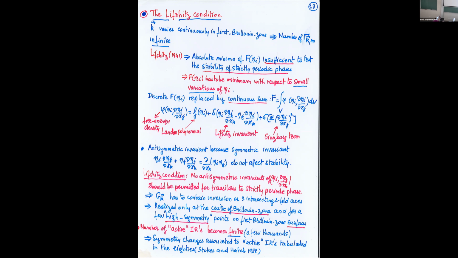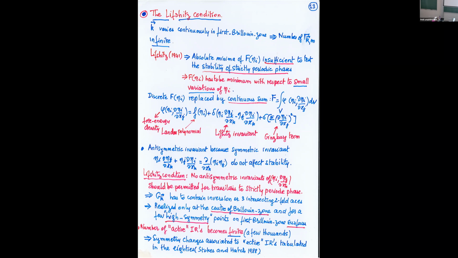Lifshitz, in 1941, in a well-known paper, understood one point: the absolute minimum of f as a function of the order parameter is insufficient to test the stability of a strictly periodic phase. We want to have a transition between two strictly periodic structures.